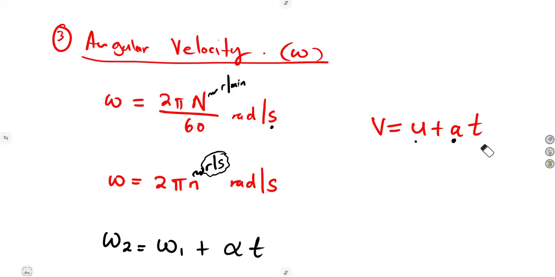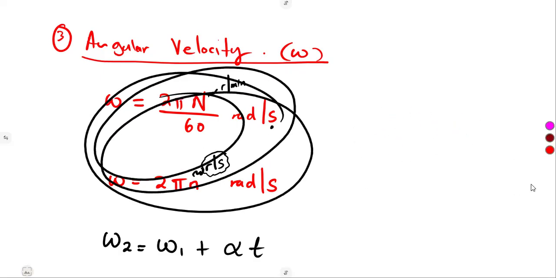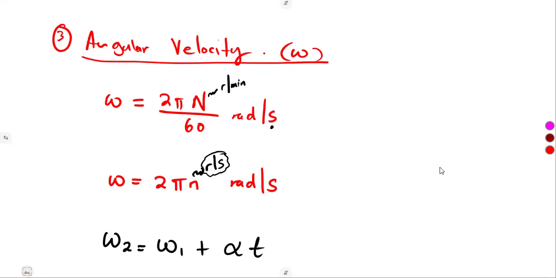What I want you to understand, because we are dealing with angular values, angular motion, it follows that. I want you to be careful there. It follows that omega 1 is the one that you're supposed to calculate from the given speeds.